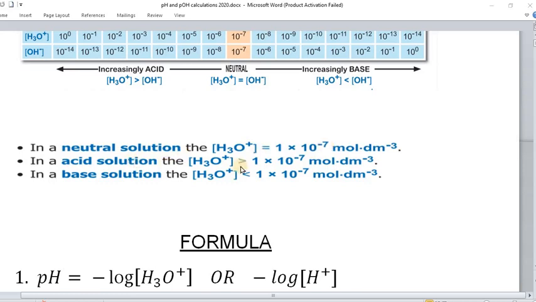For an acidic solution, the hydronium ion concentration is greater than 1 times 10 to the power minus 7. Then for a basic solution, your hydronium ion concentration is less than this. That's another way of looking at it.